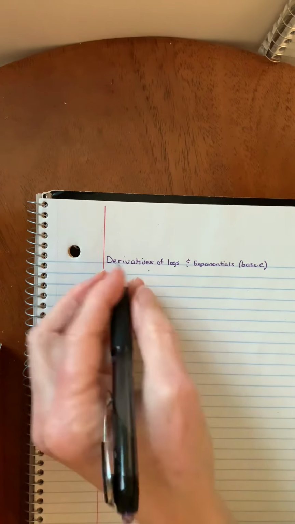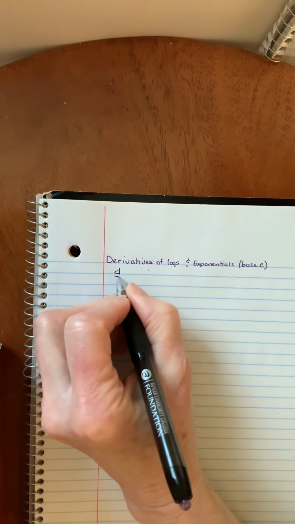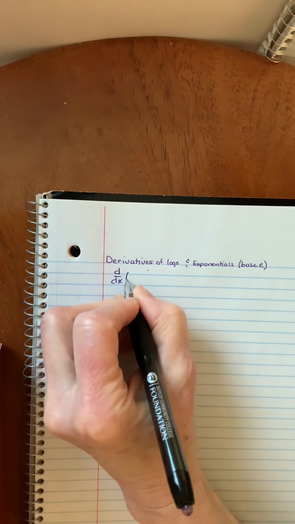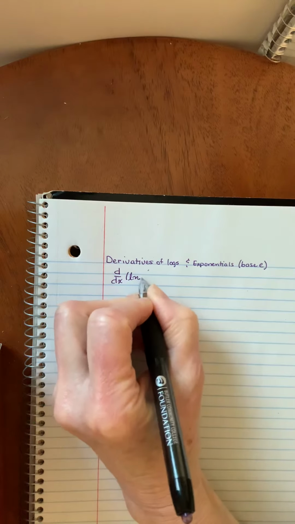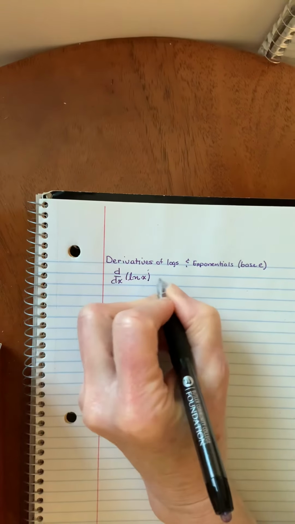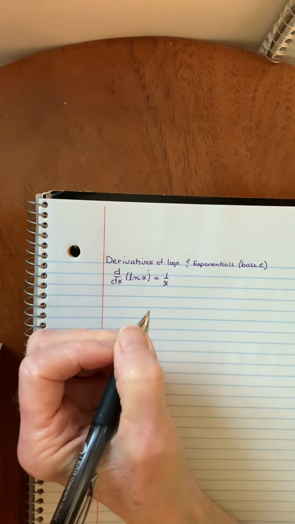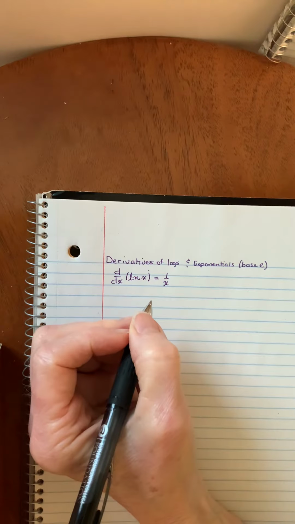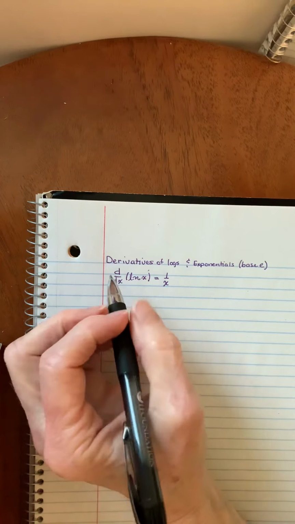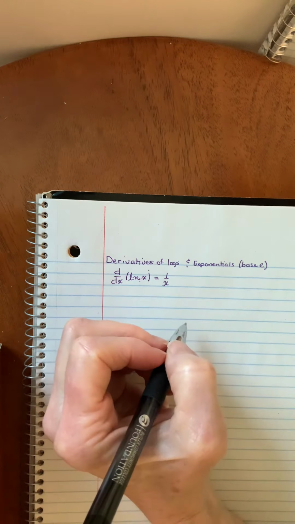So first of all, what is d/dx of the natural log of x? Well, it is 1 over x. You might notice that with the power rule, you never got 1 over x. This is the only one like it.